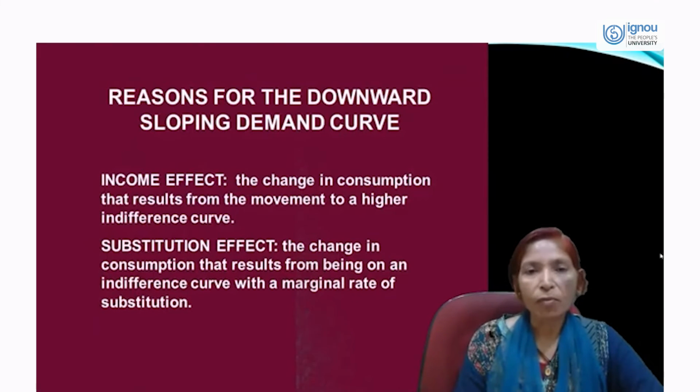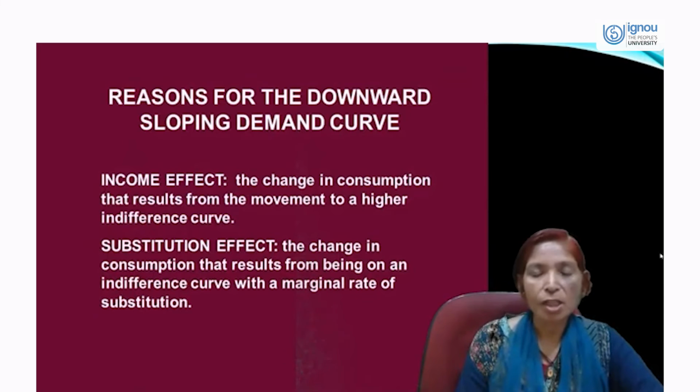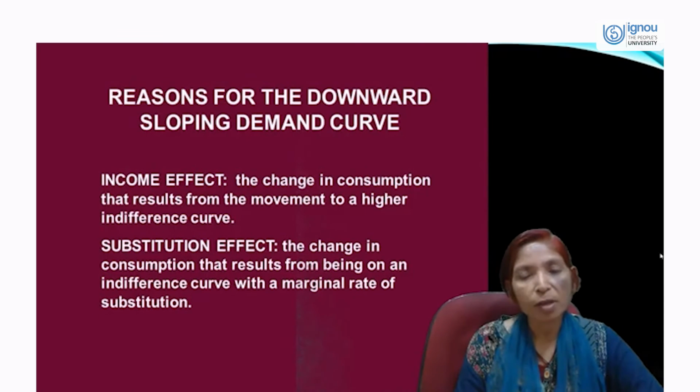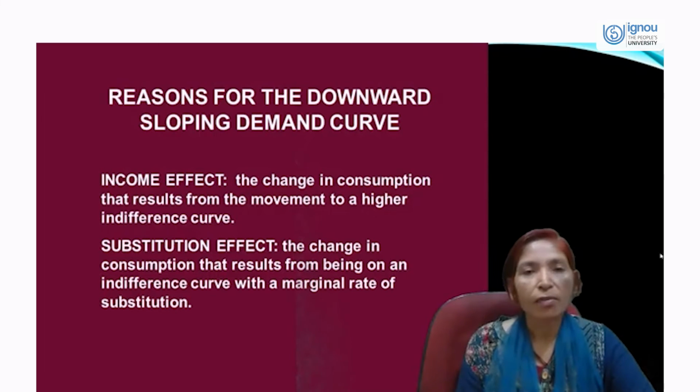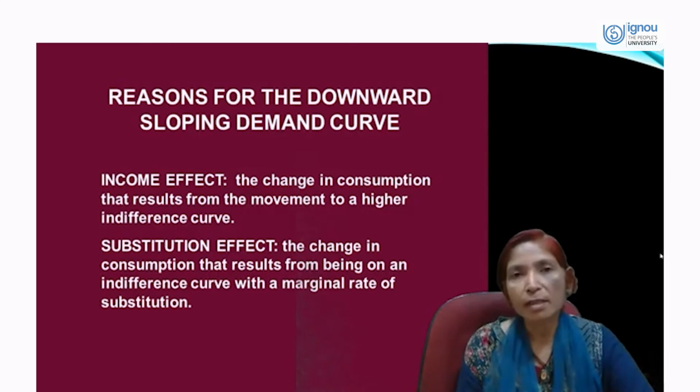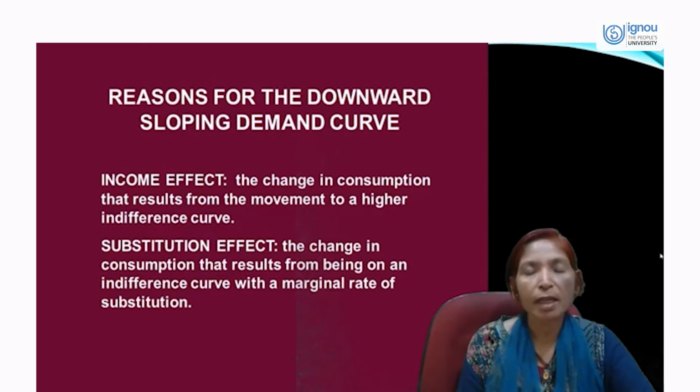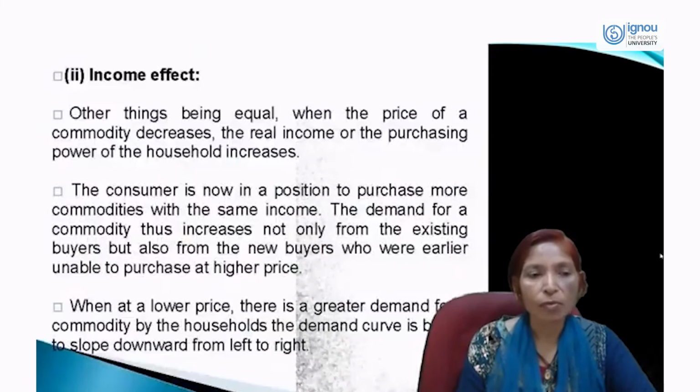Now, the reasons for the downward sloping curve are the income effect, the change in consumption that results from the movement to a higher indifference curve, and the substitution effect. The substitution effect is, in the case of tea and coffee, when the price of tea rises, demand for coffee will rise, but demand for tea will fall. That's why the demand curve slopes downward.